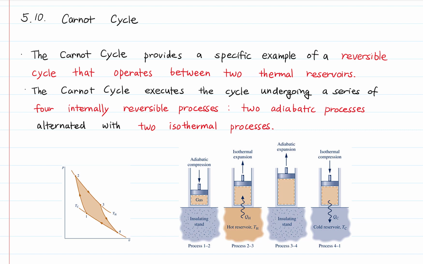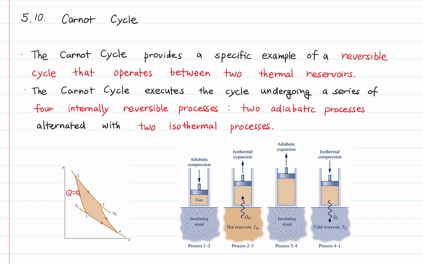First, process 1-2. Reversible adiabatic compression. Adiabatic indicates the system is insulated, so Q is 0. Work is done on the system, causing the piston to compress.